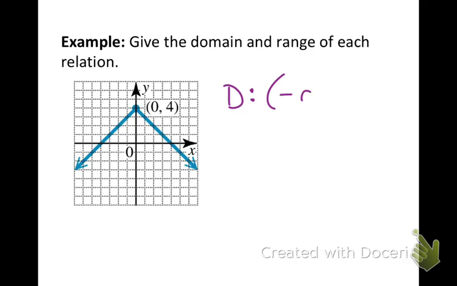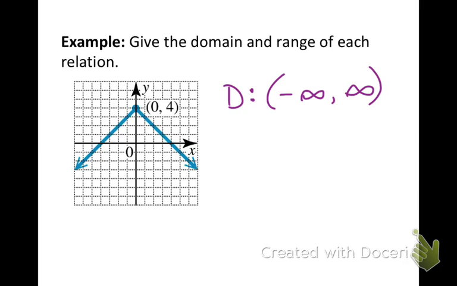So my left bound of my domain is negative infinity. If I go in the positive infinity direction, I have this arrow here, which is telling me that's going on and on forever. So it's going for a right bound to positive infinity. So my domain of this graph is all real numbers.